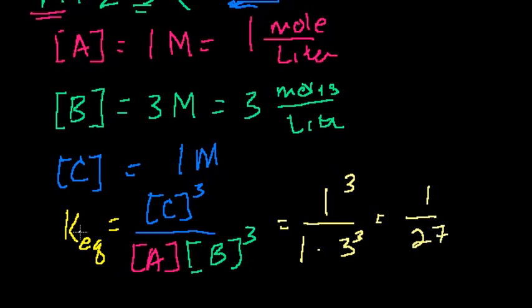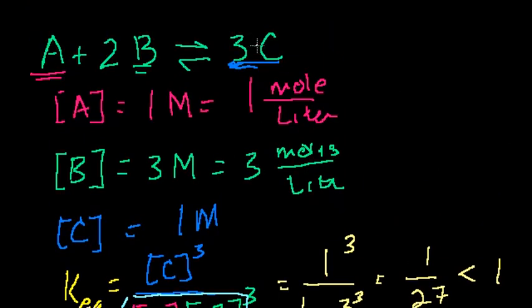The fact that this is less than 1, what does that mean? Well, that means that the concentration of the reactants is much larger than the concentration of the products, where we view the products as whatever's on the right-hand side of the equation. So once this reaction goes to equilibrium, we're still left with a lot more of this than this.